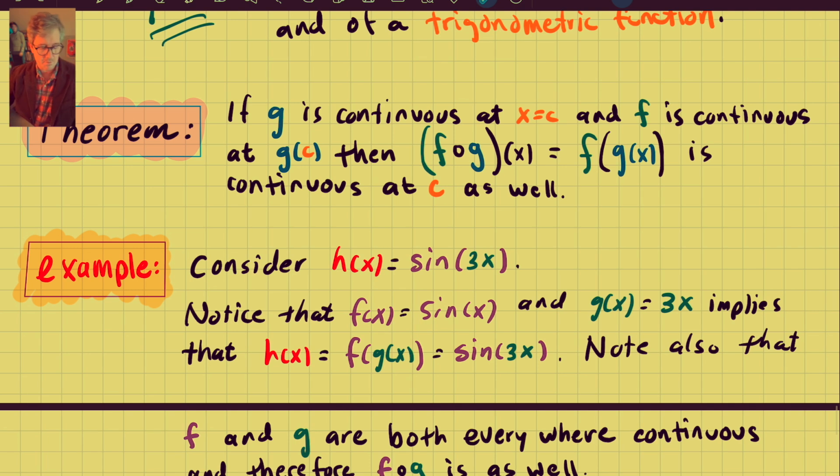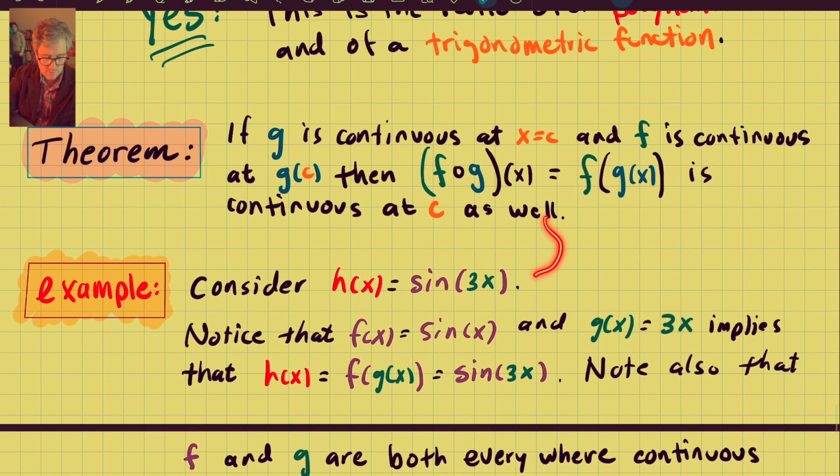Right? And let's see an example of that. So think about this function, h of x equals the sine of 3x. Notice that f of x equals sine of x and g of x equals 3x, using the parlance of the previous theorem.